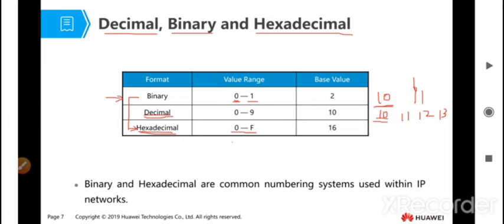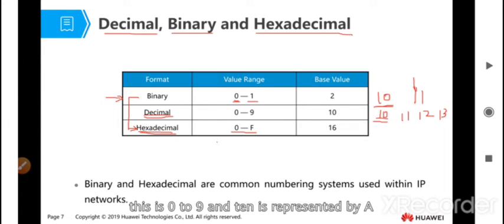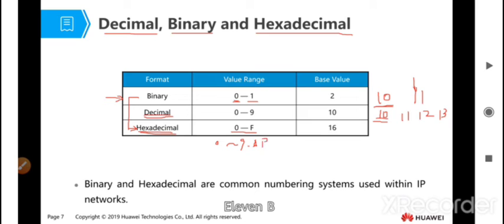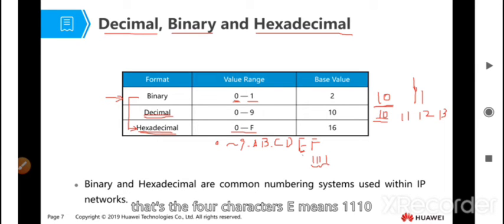For example, 0 up to 9, and then 10 is represented by A, 11 by B, C, D, E, F. F means 15. And 15 in binary is just 1, 1, 1, 1. That's the 4 bits.